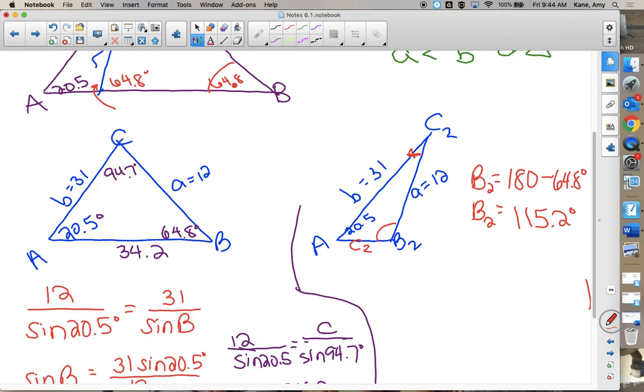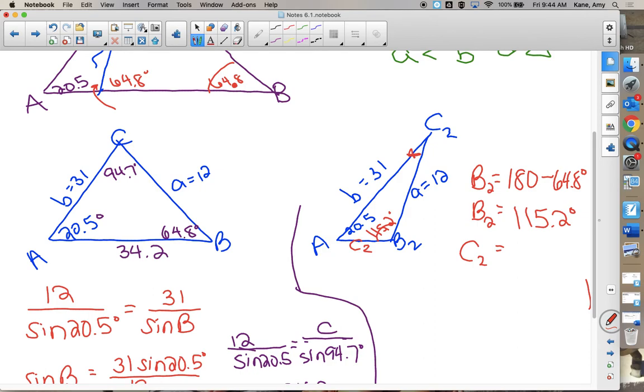So now we have 20.5. This is 115.2. We can find the one at the top by taking 180 minus 115.2 minus 20.5. That's going to be a smaller angle. And if you look, it does look like a tiny angle.